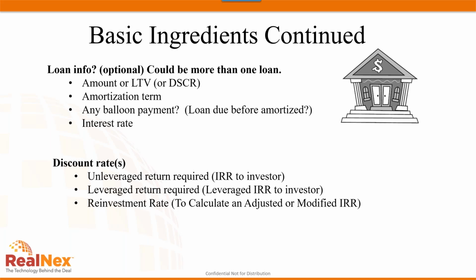Because that may make a difference in comparing investments if I have to reinvest more money in one than another. So you have a reinvestment rate that you put in the program. That's really optional, but it's in there. The program was originally developed by a CCIM for CCIMs, so it's capturing everything that's taught in the CCIM courses.